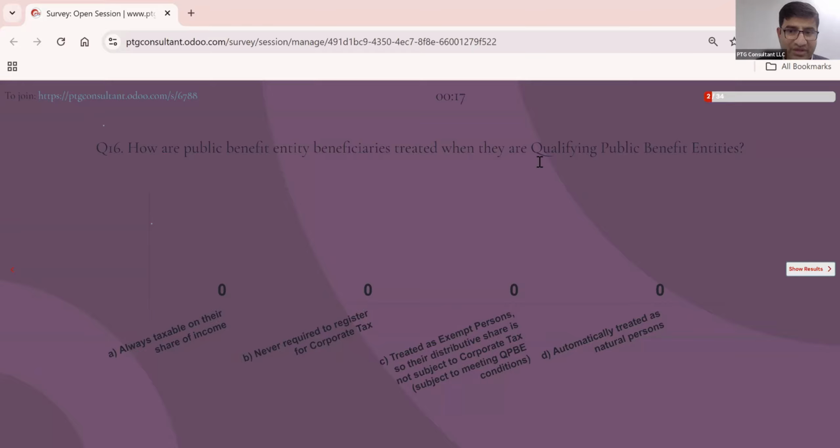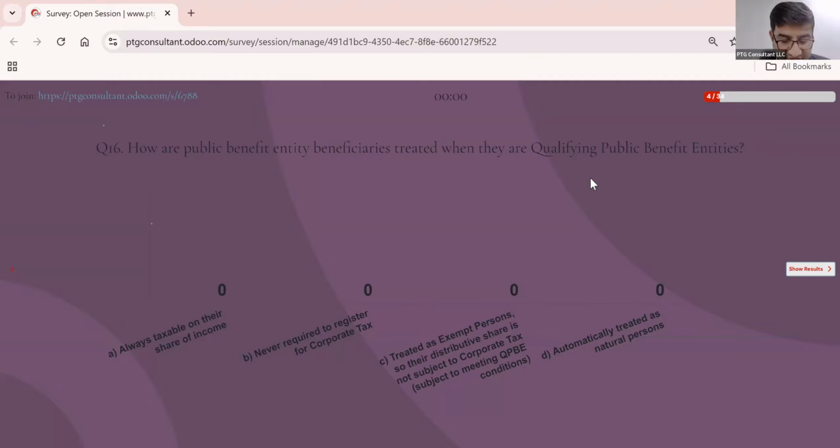Now here is another important part. Earlier we saw the public benefit entity. Now it mentions the qualifying public benefit entity. The FTA has already given the list under VAT. We already saw the list of qualifying public benefit entities. But here both qualifying and non-qualifying entities come under the family foundation, and there are associated criteria.